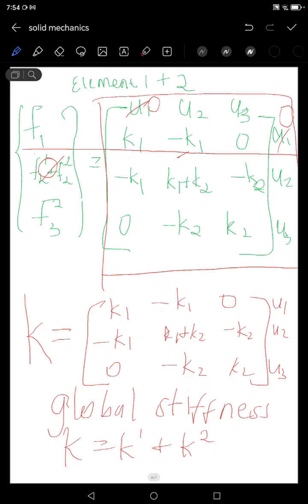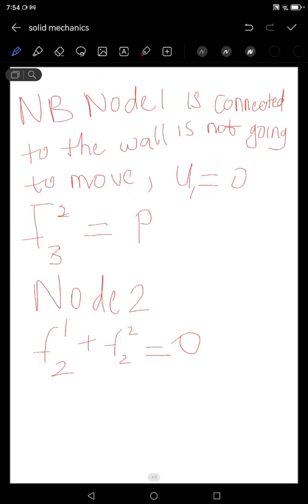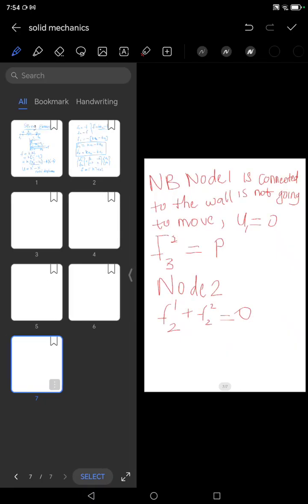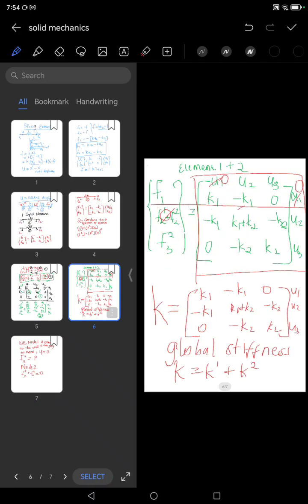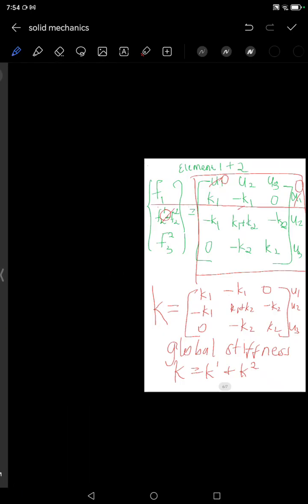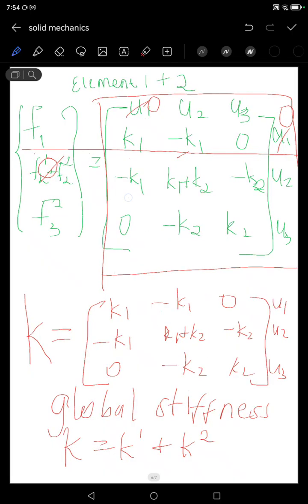The second equation is going to be 0 equals negative k1 times u1, k1 plus k2 times u2, and then negative k2 times u3. And then the third equation is going to be f3 equals 0 multiplied by u1, negative k2 multiplied by u2, k2 multiplied by u3.